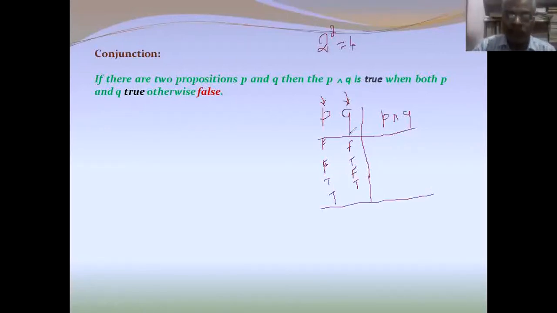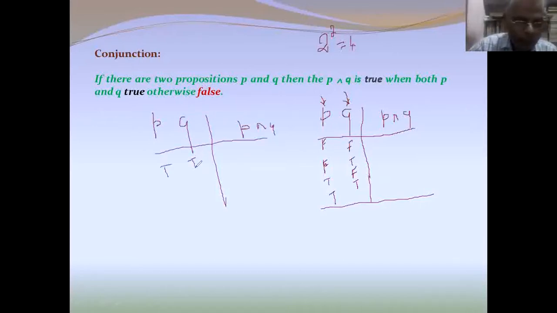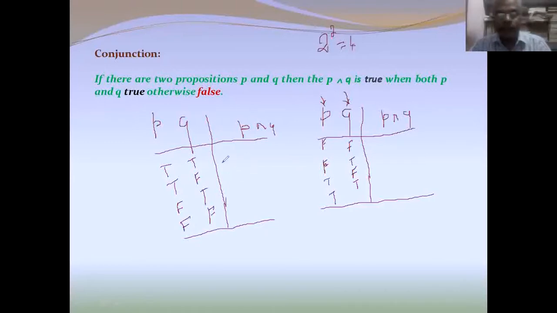Or this can also be written like this: P and Q, P meet Q. First one true, false, true, false, second two times true and two times false. The representations are different, but both are the same.